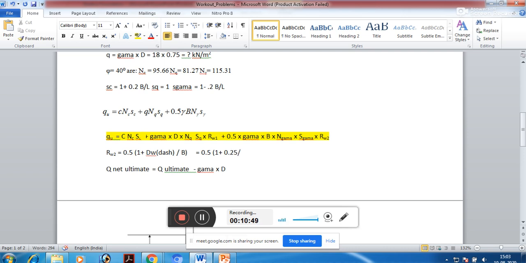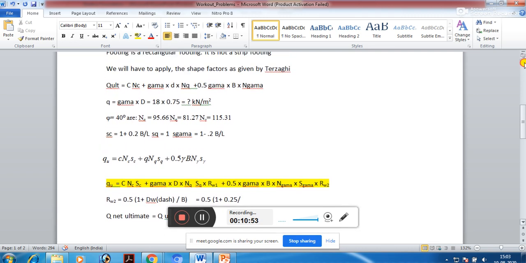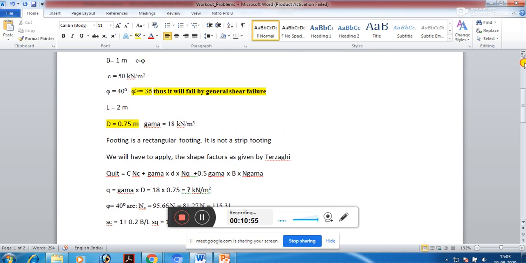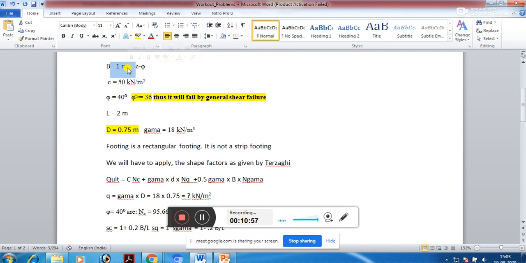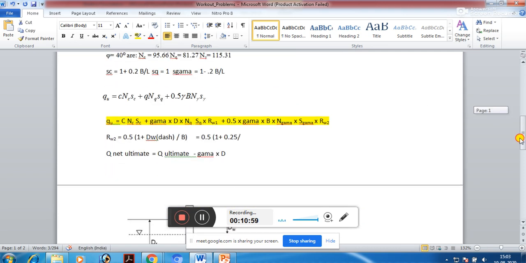And what is the breadth of the footing? You said 1 meter. Breadth of the footing is equal to 1 meter, right? So you put the value of B over here. What will it become? It is 0.5 multiplied by (1 plus 0.25), right?